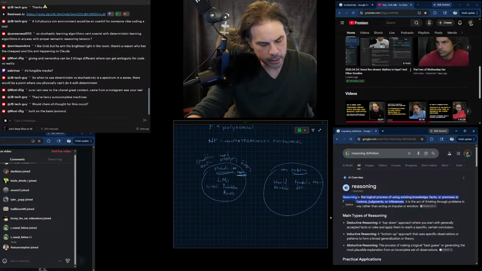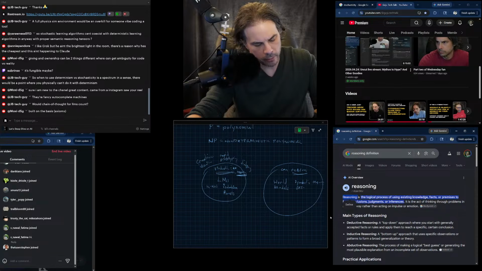What makes diff and world models different from many of the other traditional systems that can reason is that these are learned, and these are rules-based.